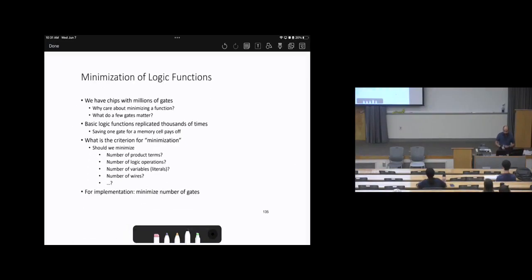Okay. Now here is the other half of today's lecture, which is how to minimize this. Let's recall what we discussed so far in this course. At the beginning of this class, I mentioned the binary, hexadecimal, decimal systems, then how to make the conversion.